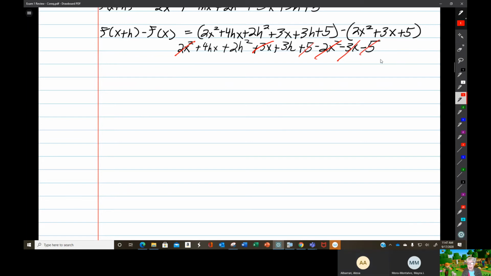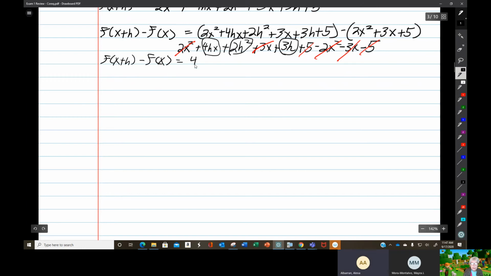So that what you're left with is 4hx plus 2h squared plus 3h. So now we know that f of x plus h minus f of x, after you combine all your like terms, will be pretty short.